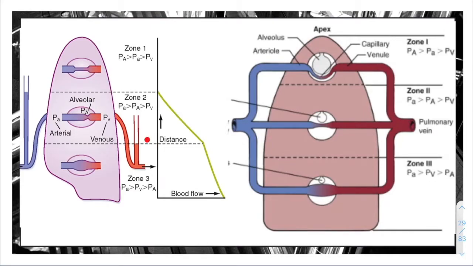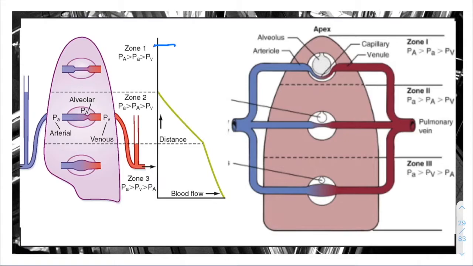Conversely, when the pulmonary segment is 5 cm below the heart, it has a 3.7 millimeters increase in the pulmonary artery pressure. So the effect of gravity on blood flow affects the arteries and veins equally and results in a wide variation in the arterial and venous pressure from the apex to the base of the lung. So let's take the different zones.